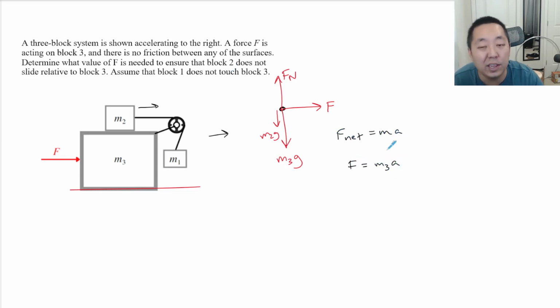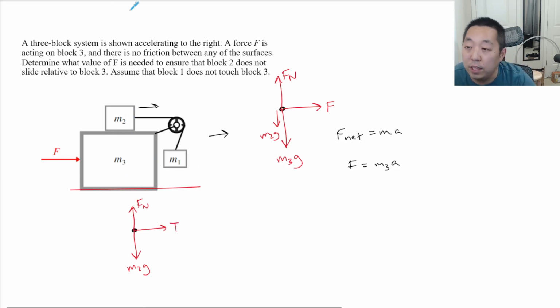So I have to figure out what the acceleration is. Once I know the acceleration, then we're generally good. Now we want to look at a free body diagram of M2. I'd have M2g going down, and then a normal force from block 3 pushing up on it, and then a tension force going to the right.